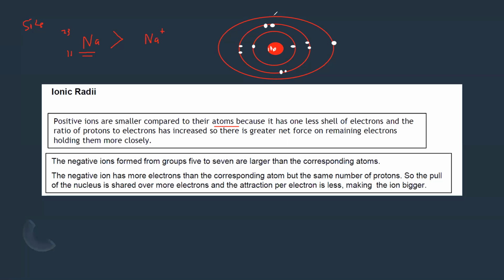But when I draw a sodium ion, sodium loses 1 electron. As it loses the outer shell electron, that outer shell is no more counted. So only 2 shells are there, and when I draw, 11 protons will be there and 10 electrons. So 10 electrons: the first shell will have 2 electrons, and the second shell will have 8 electrons.